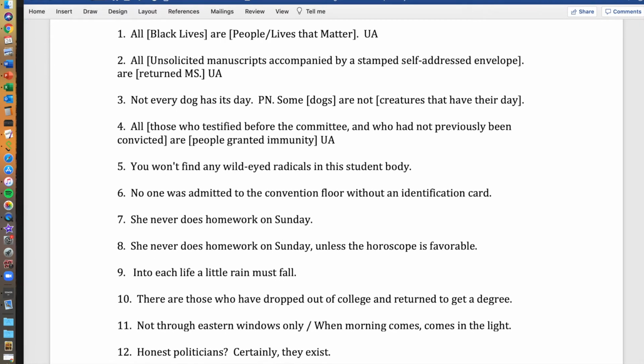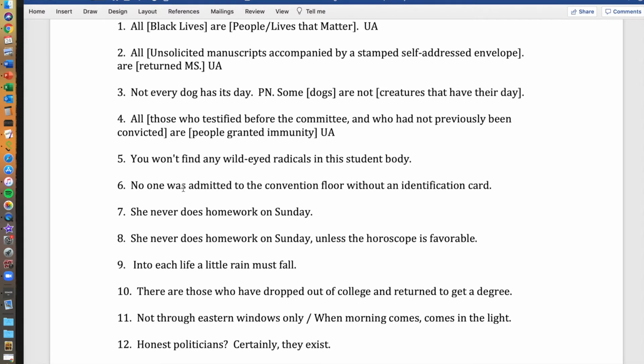So let's move to number 5. You won't find any wild-eyed radicals in this student body. Now, this should be a pretty easy one. You see the won't, right, which tells you it's very likely a negative statement, and any, which tells you it's universal. So we would have a universal negative statement. So what would be the subject and the predicate term here?